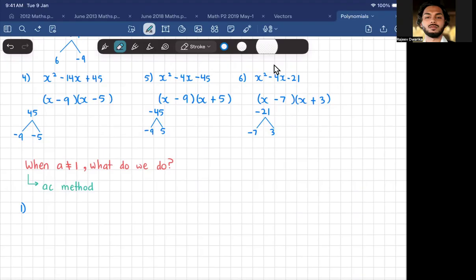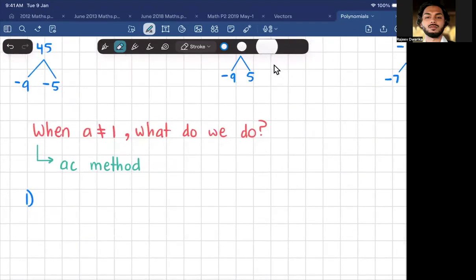Right. So suppose we have something like, okay, let me think. Let me come up with one fast. Okay, I come up with one. So let's just say we had this quadratic and it was 2x squared plus 7x plus 3. Cool.